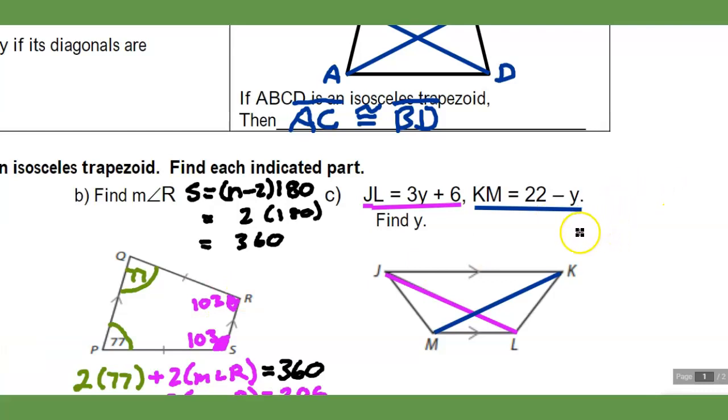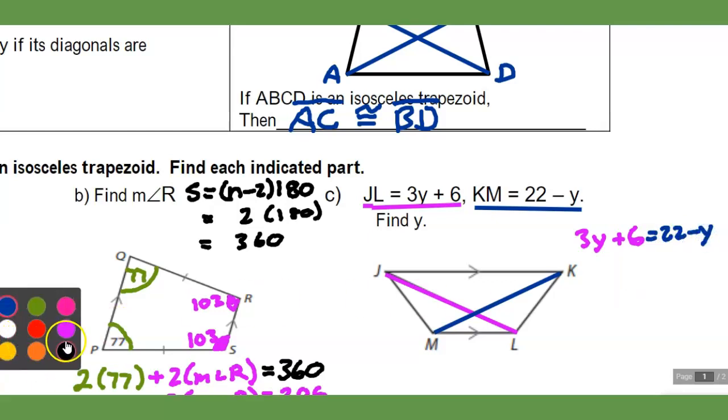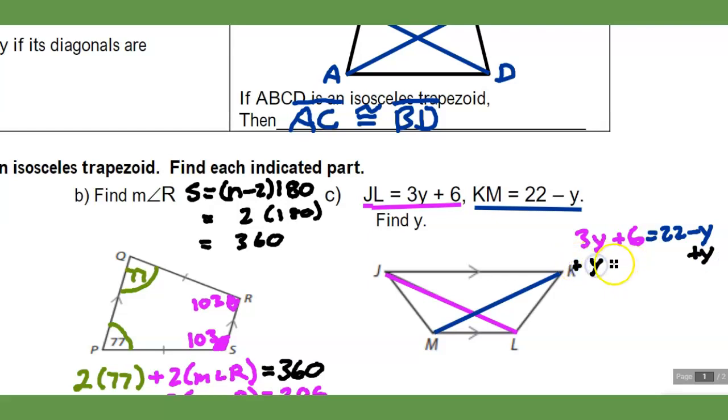So this one is a more straightforward 3y plus 6, and that's equal to 22 minus y. Right. We have, let's see, add y to both sides. Subtract 6 on both sides.